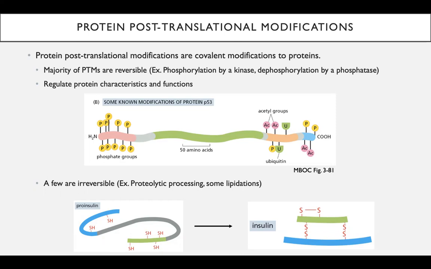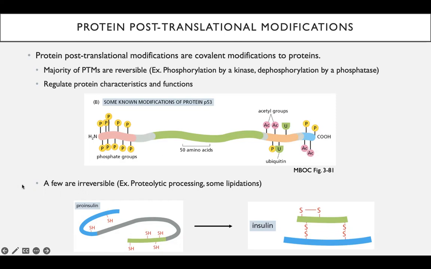And then proteins are often multiply modified, and that's highlighted in this figure from the textbook on P53, showing its multiple phosphorylation modifications at its N-terminus, and then a range of different modifications, including ubiquitin and acetylation at its C-terminus.